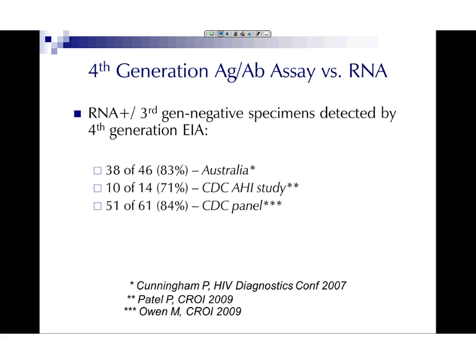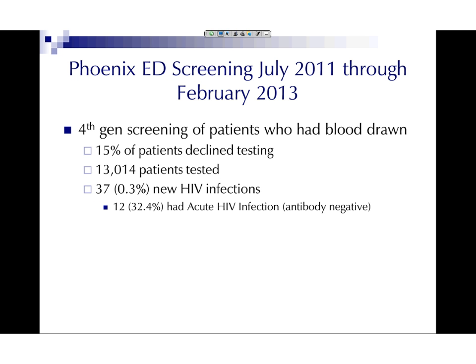As I mentioned earlier, the fourth generation tests pick up infection between 4 and 5 days after RNA first detects infection. An example of when this comes into effect was published in the MMWR back in June for HIV Testing Day, where an emergency department in Phoenix was screening with a fourth generation test all their patients who had blood drawn.